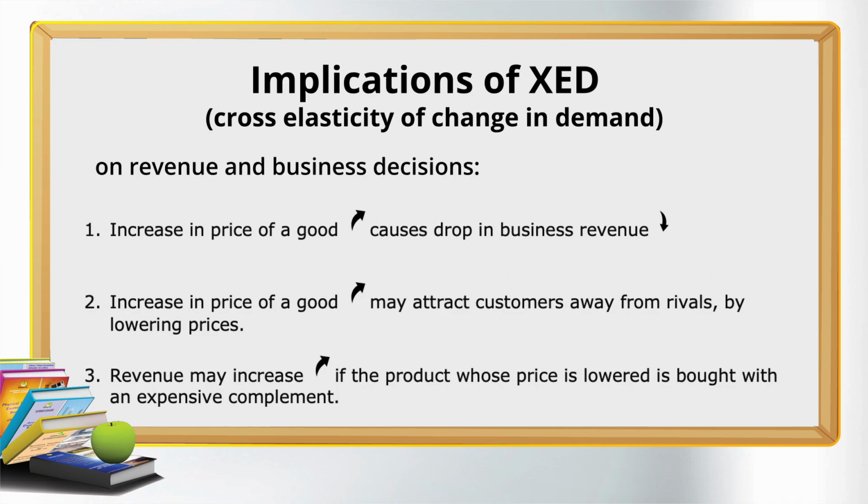Revenue may increase if the product whose price is lowered is paired with an expensive complement. In this way, the business could force customers to buy the cheaper product and the more expensive one together. The business should then be sure that the expensive good is more attractive to consumers.